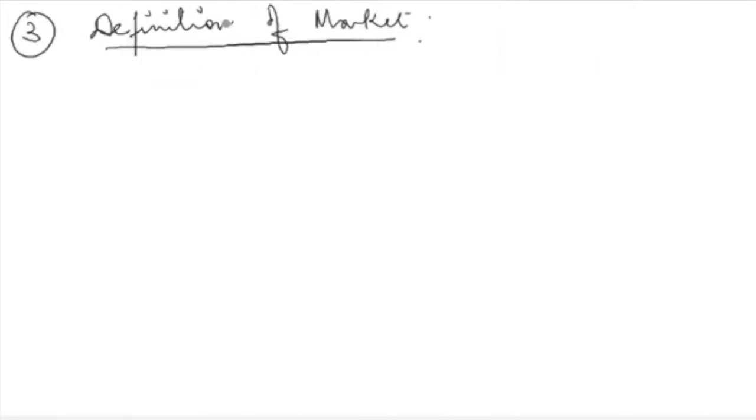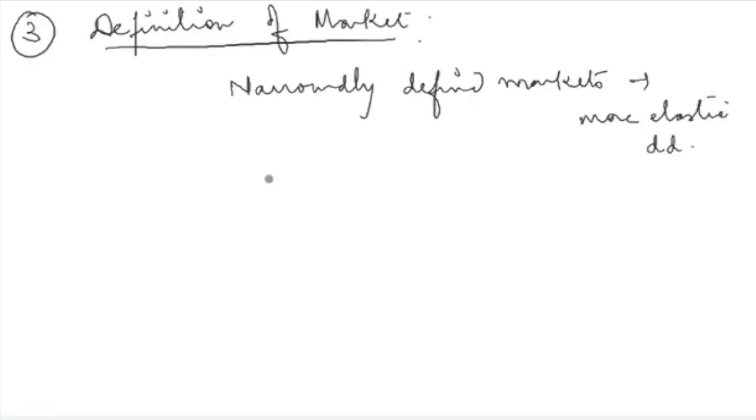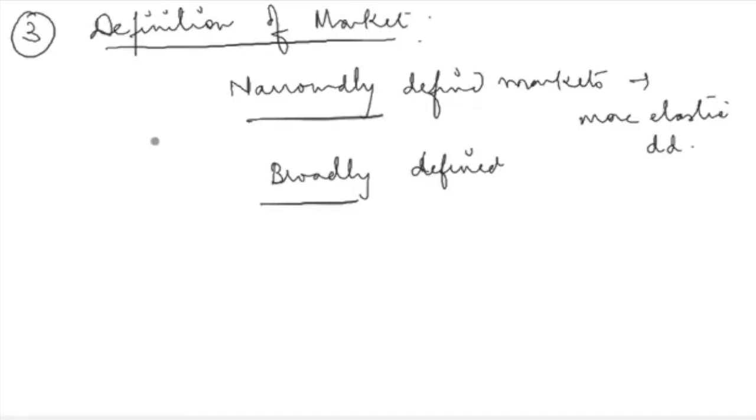So the next factor that could affect the elasticity of the demand curve is how you are defining the market. Usually, we say that narrowly defined markets tend to have a more elastic demand curve as compared to markets which are very, very broad. Now, what is narrowly defined and what is broadly defined?